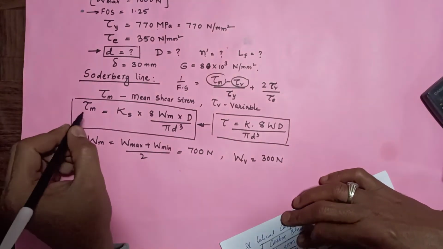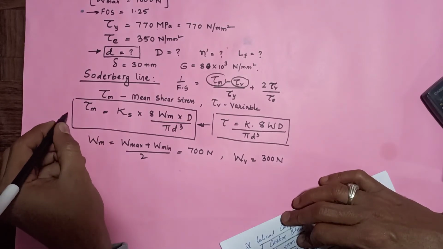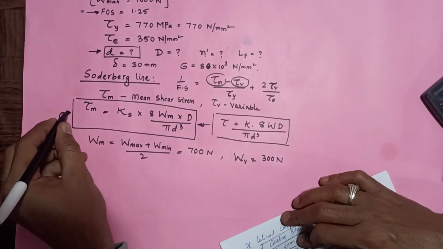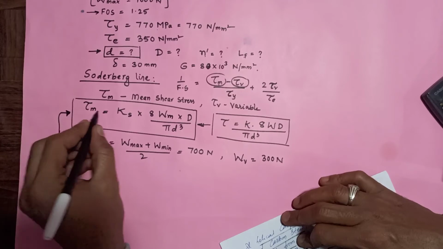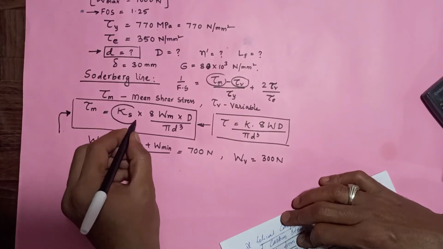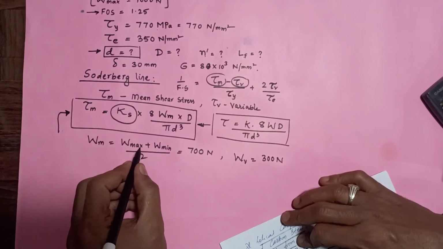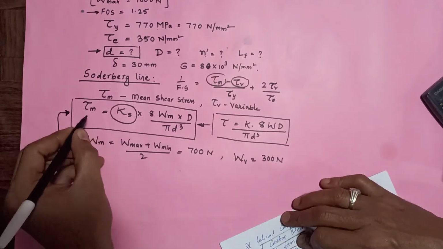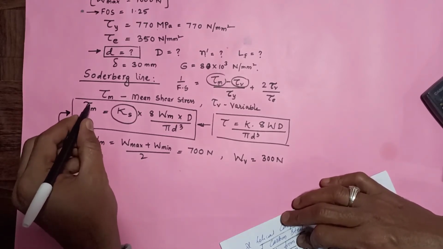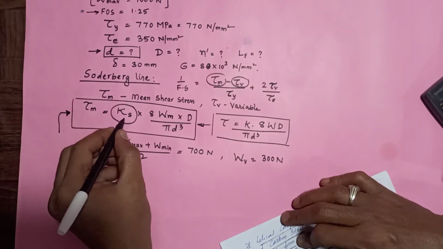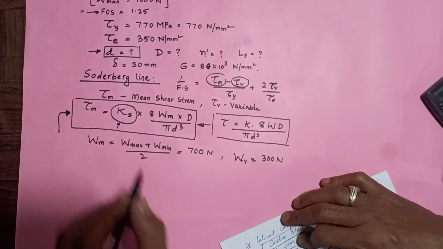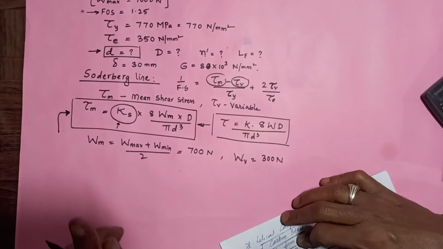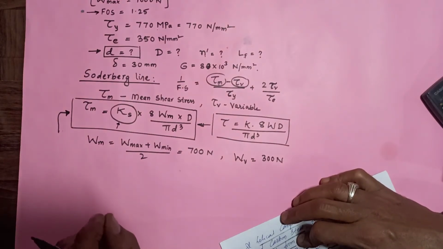When you are calculating the mean stress, you should take the shear stress factor as Ks. But when you are calculating the variable shear stress, that is tau V, you should take the Wahl shear stress factor. That you should remember very clearly.